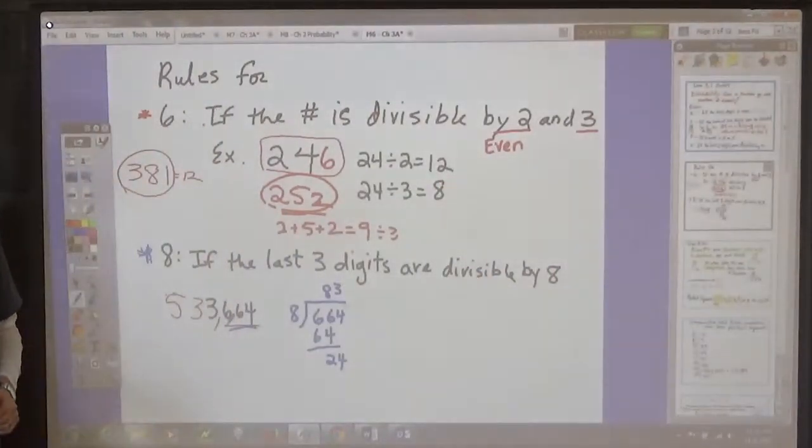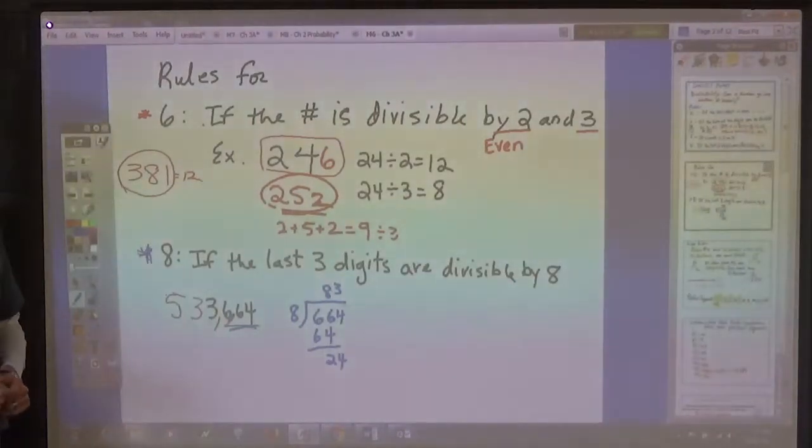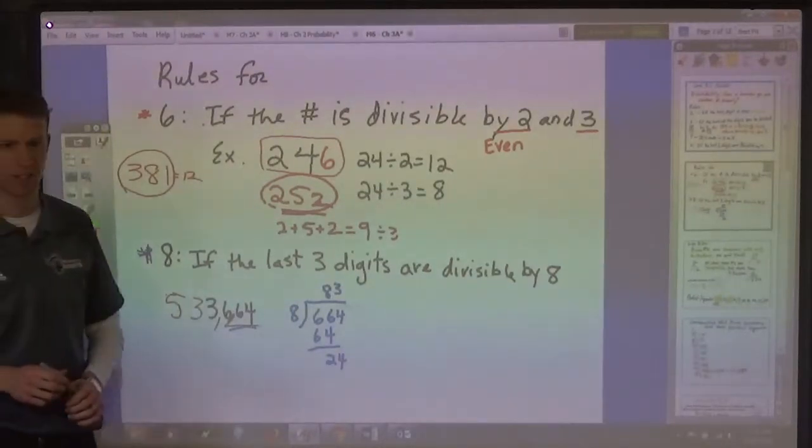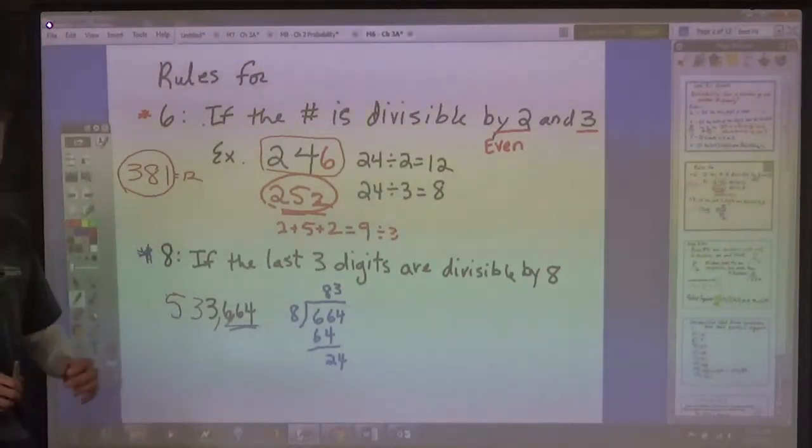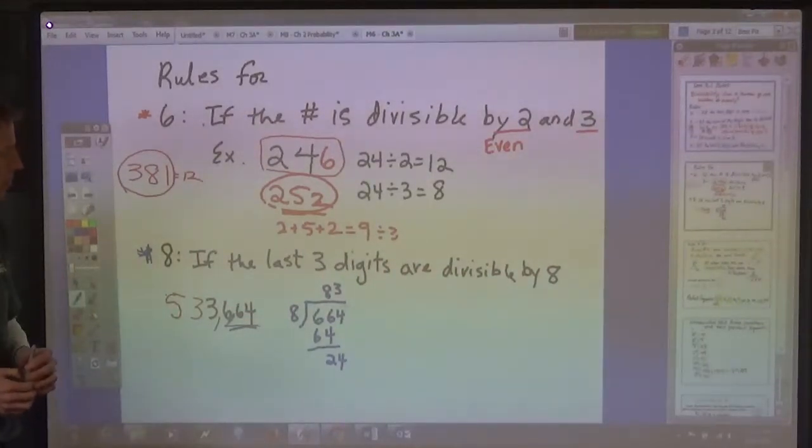So only even numbers can be divisible by 6. And then what would you check? If it's an even number and the sum of the digits is divisible by 3. Okay?